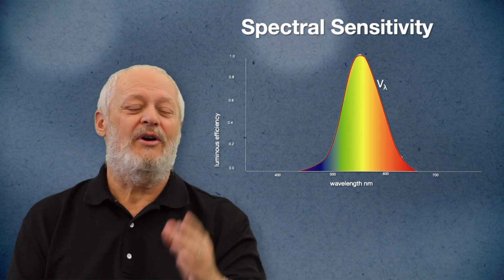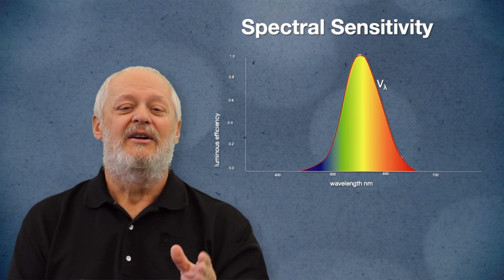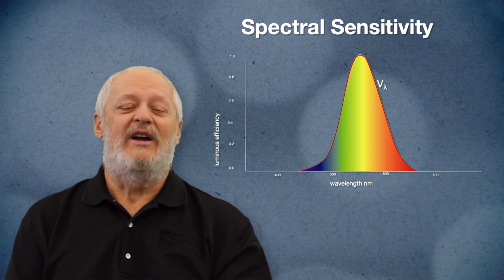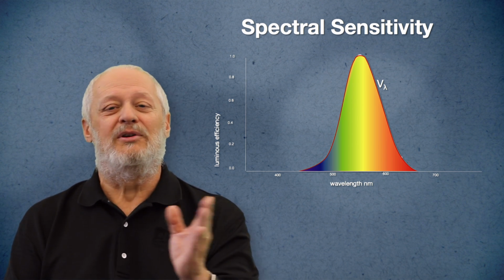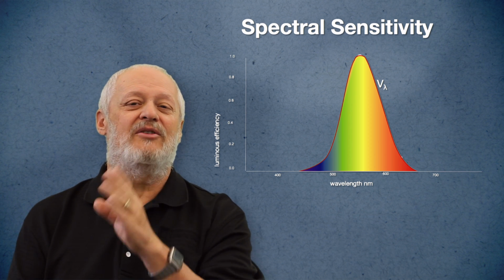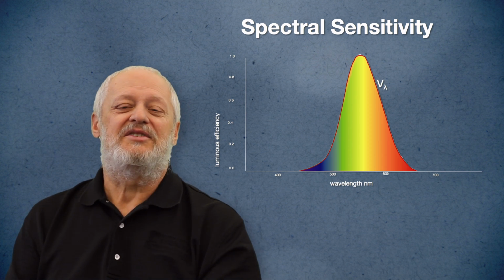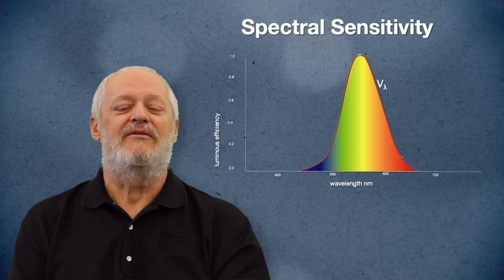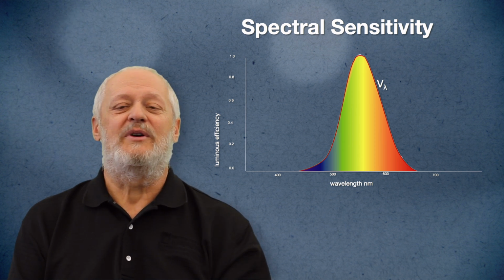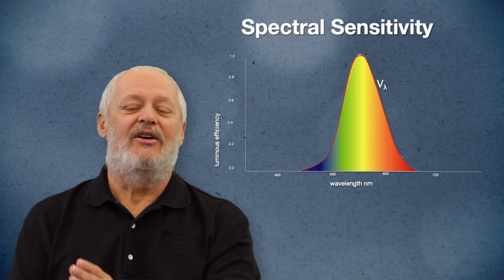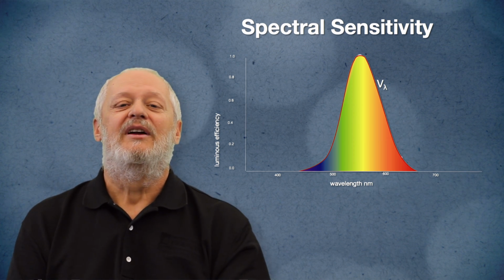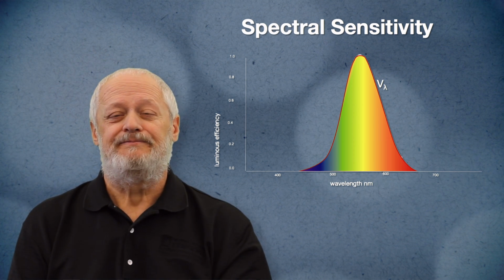Around 400 nanometers, which is the violet, blue-violet end of the spectrum, we have very low sensitivity. But as we move across the spectrum into the blues, and then finally the green and yellow-green is where our sensitivity peaks, which is about 550 nanometers. Then as we continue to move up the spectrum, we get into the yellow, orange, and then red portion of the spectrum, about 700 nanometers.